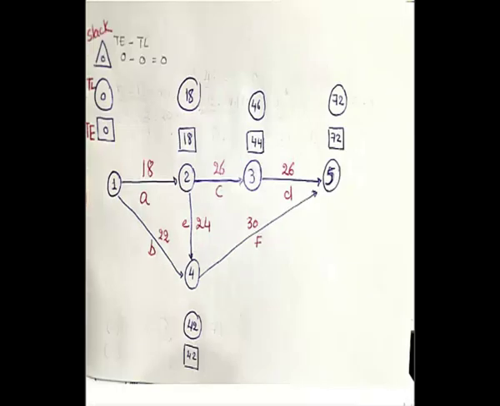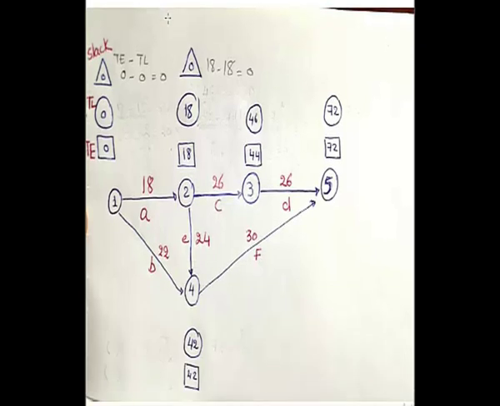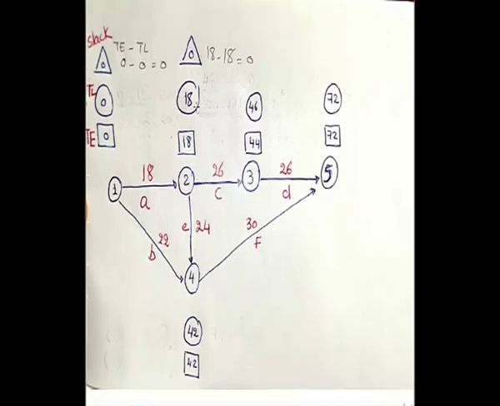Okay. The last thing that you're supposed to calculate is the slack. I'm sorry, here it is written wrong. It is TL less TE, not the otherwise, because the slack is always equal to 0 or a positive number. So here for event number 1, TL 0 minus TE equals 0, then the slack equals 0. If we continue to event number 2, 18 for the TL minus the TE, also equals 0.